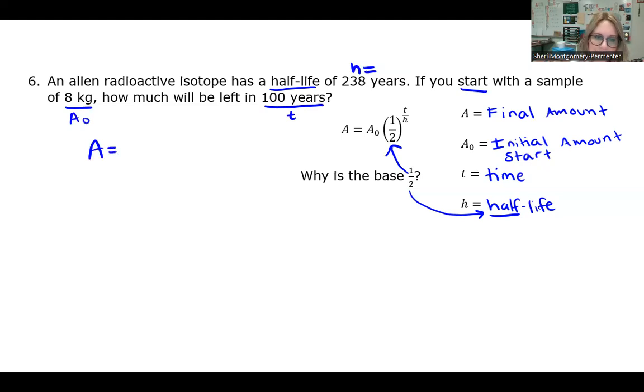So our final amount will be equal to what we started with times 1/2, and it's raised to, remember, exponents are little, it's hard when it's a fraction. That is definitely not something we can do in our head. So you have a calculator. We're going to type it in. Use parentheses. They are your friend.